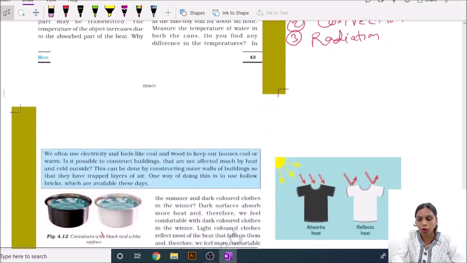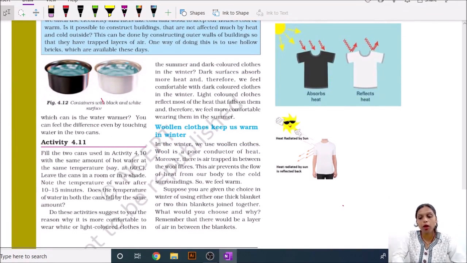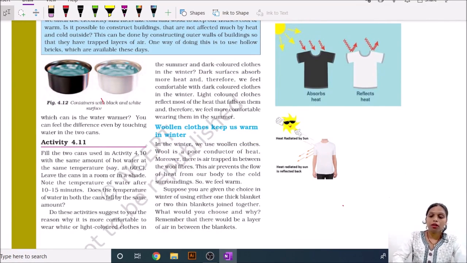And now we are going to discuss different types of experiences you can see in your winter or summer season. Whenever you wear deep color clothes in winter season, you feel warmer than in light color. Why?